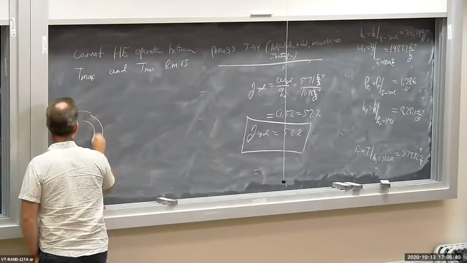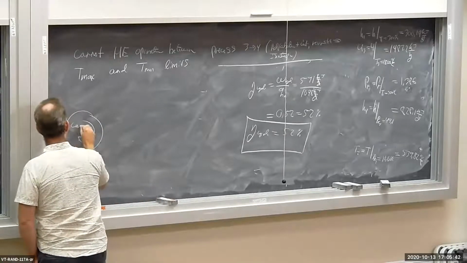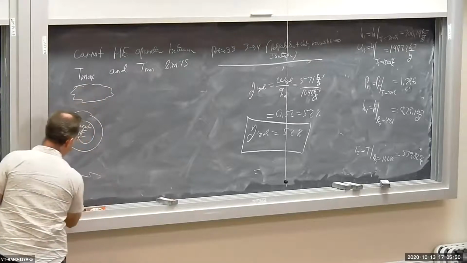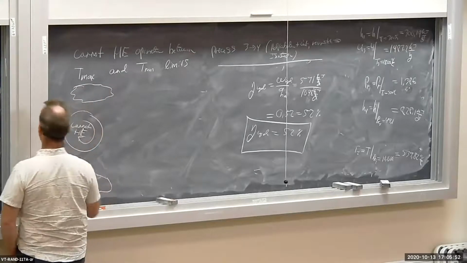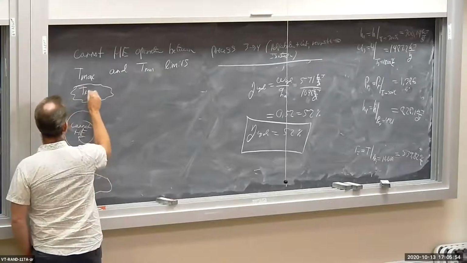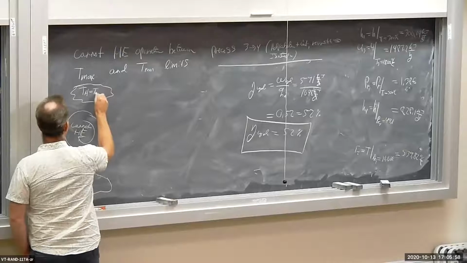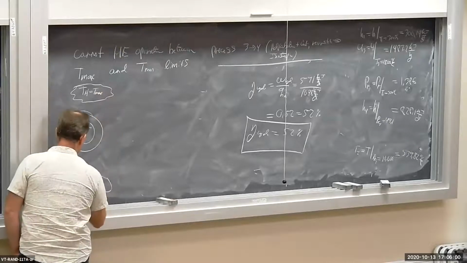So now we have a Carnot heat engine operating between a maximum and a minimum temperature in my cycle. T high and T low, which is T max and T min.